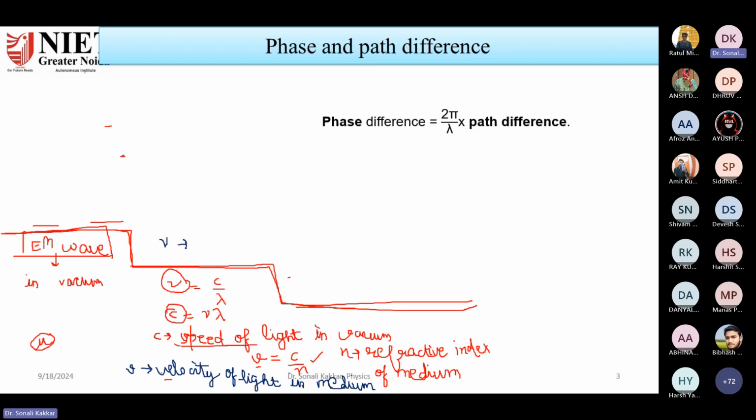Nu is frequency, and lambda is wavelength.